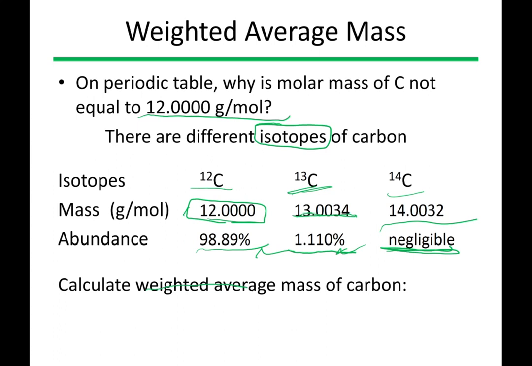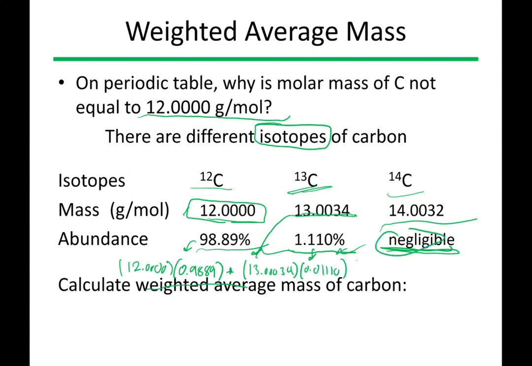So for the weighted average, we'd have the mass of carbon-12, 12.000, and convert the abundance from a percent to a decimal, so 0.9889. And then we'll do that for every species and convert that to a decimal.